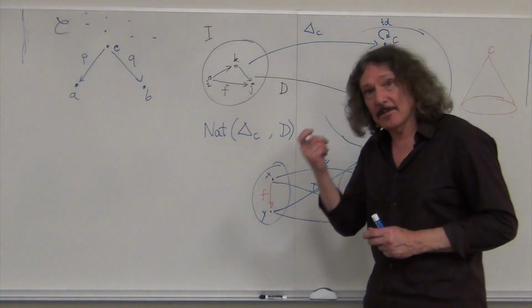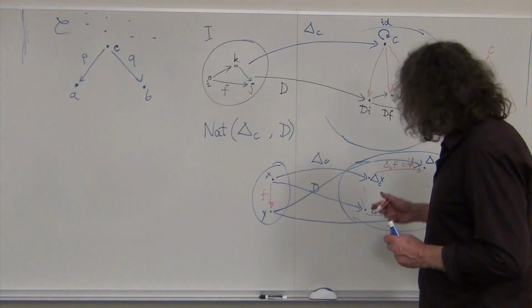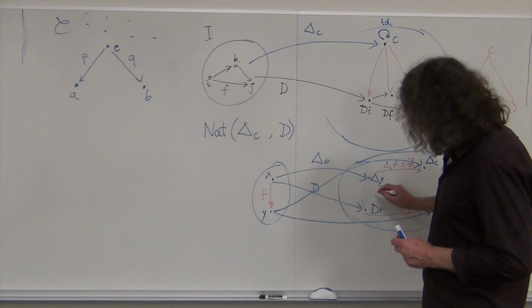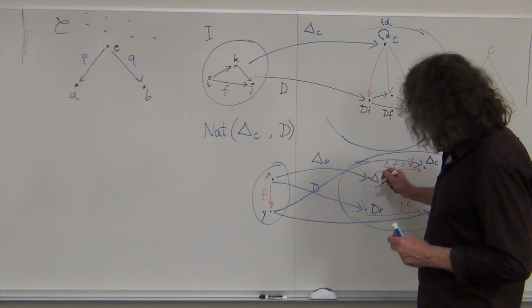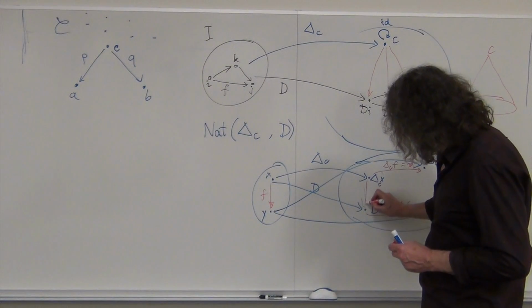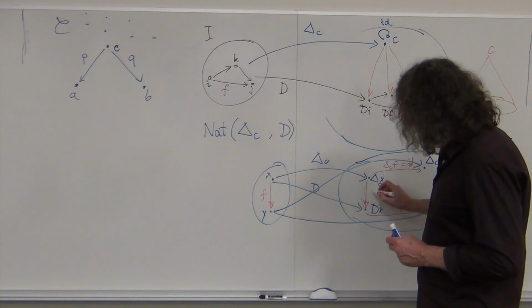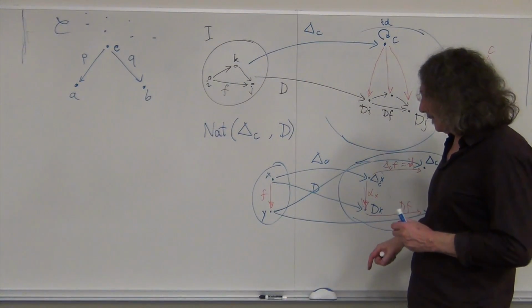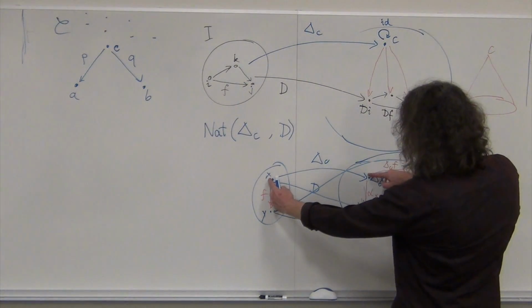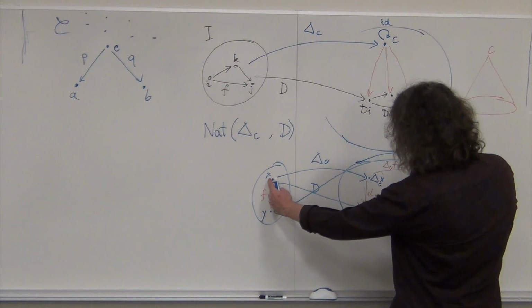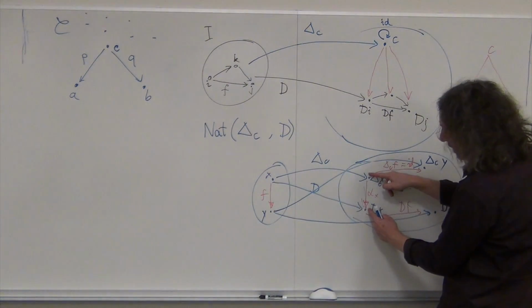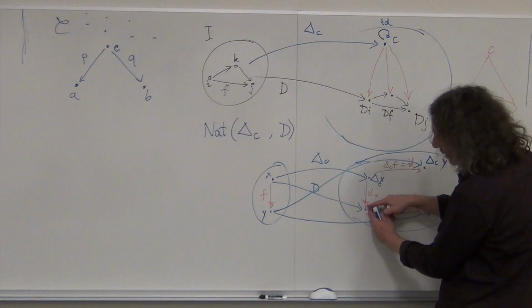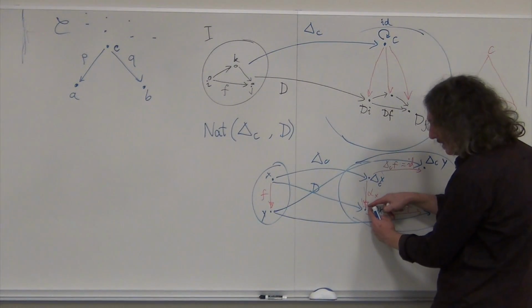But now we have also a natural transformation, and a natural transformation, its component at X connects these two guys. So this is alpha at X, right? So X is mapped by one functor to this, by the other functor to this. And the natural transformation goes between these two images.